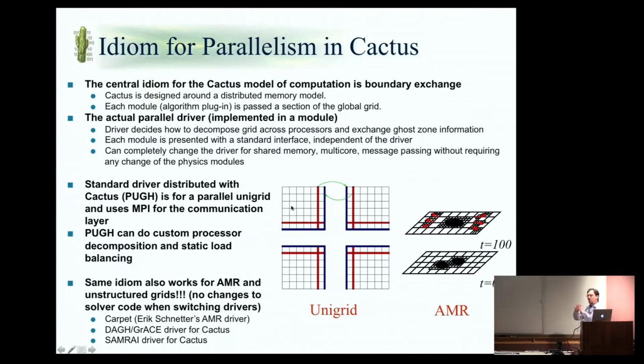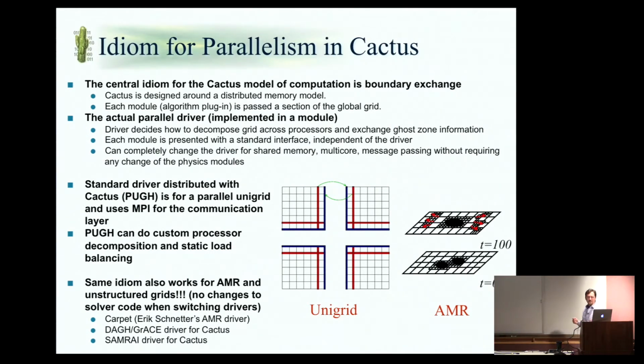Then each local solver component performs its operation on these domain decomposed grids, and it has no idea how many grids are in the system. All it knows is that it was invoked and it's supposed to apply its operator to that local patch. And when it releases control back to the driver, the driver is just going to do the right thing. It's going to exchange the boundaries using whatever communication mechanism makes sense.